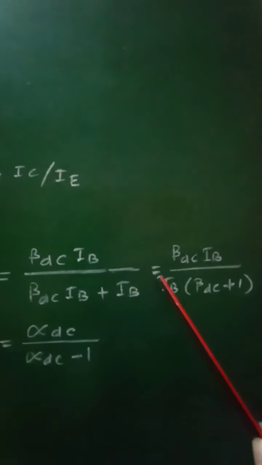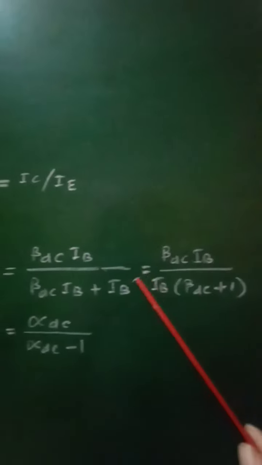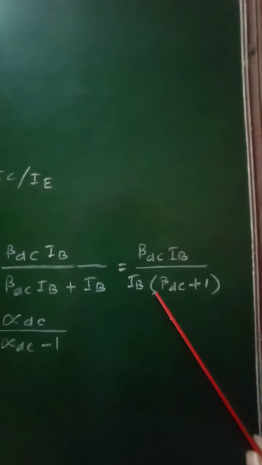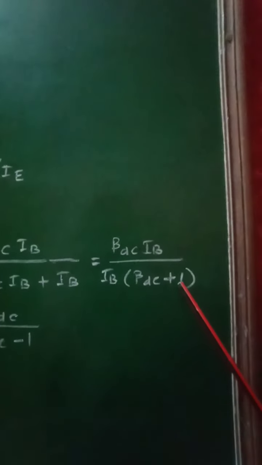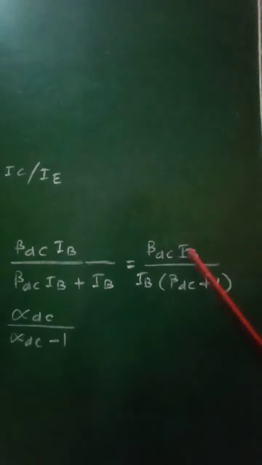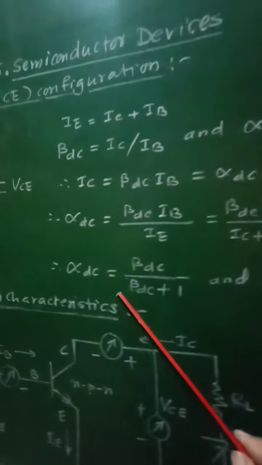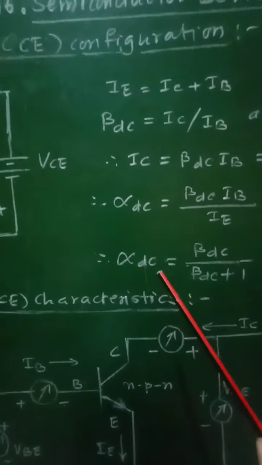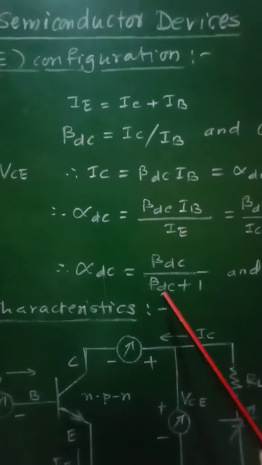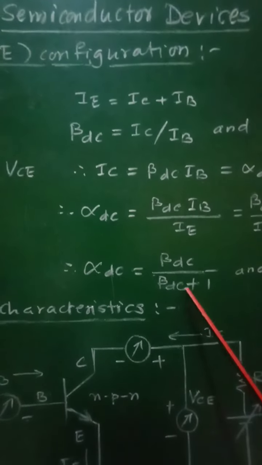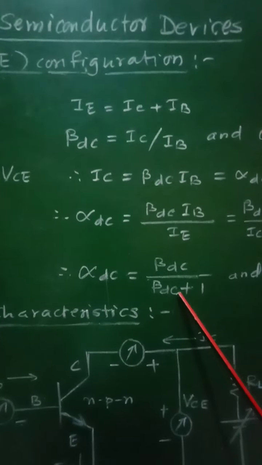That will be equal to beta DC IB upon IB, taking IB common, into beta DC plus 1. So IB will get cancelled, and therefore we get alpha DC equal to beta DC upon beta DC plus 1. So this will be the value of alpha DC.